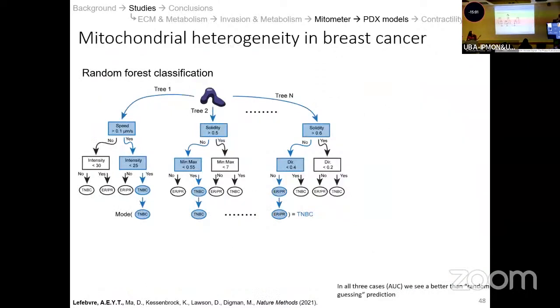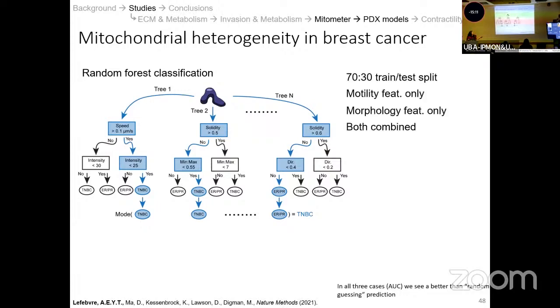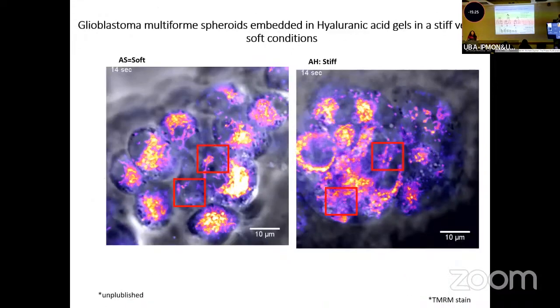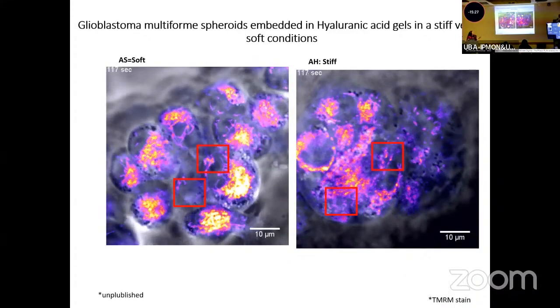We can use a random forest classification system to identify what features are the most important for identifying aggressive cancer cells. And this is just a quick test looking at motility features, morphology features, or combinations. So what features are the most important to tell us these cells are going to be more aggressive? And we can do that also in glioblastoma cells.